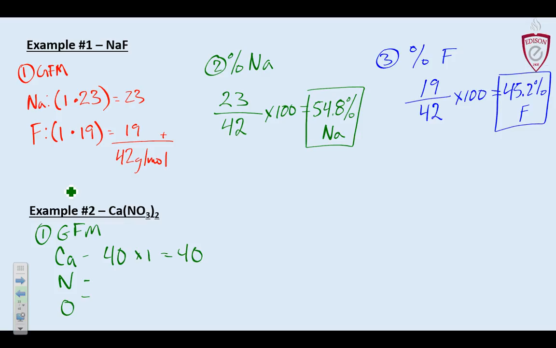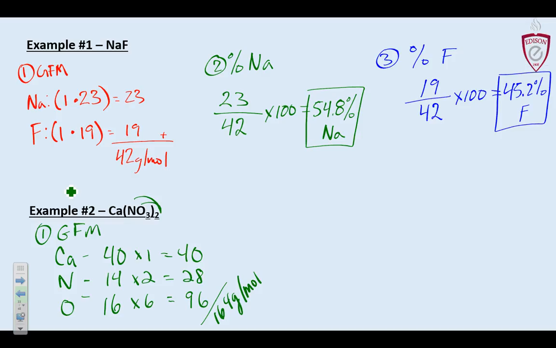Then I have to distribute the two, one of the skills we learned earlier. Now I have two nitrogens, a mass of 14 times 2 is 28. And oxygen is 16, and 2 times 3 is 6, so that is 96. I add these up to get my total: 164 grams per mole as the GFM for this compound.